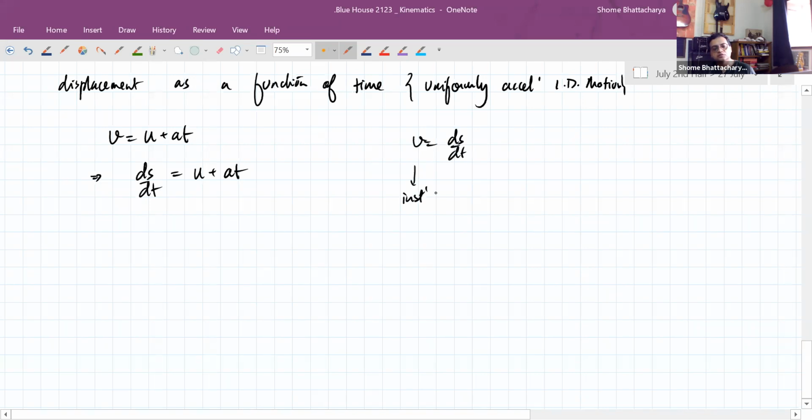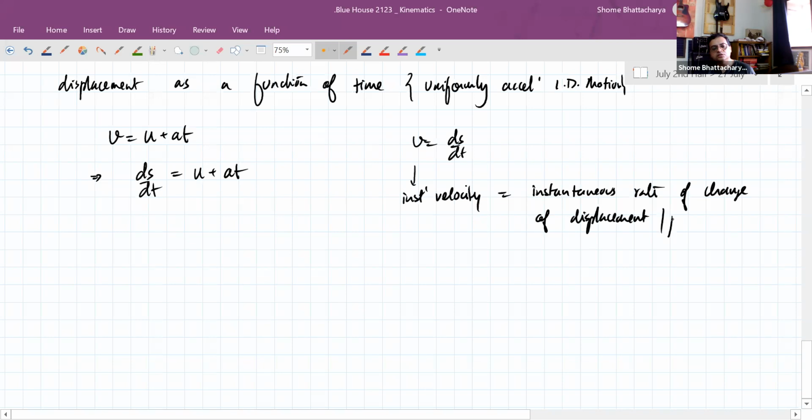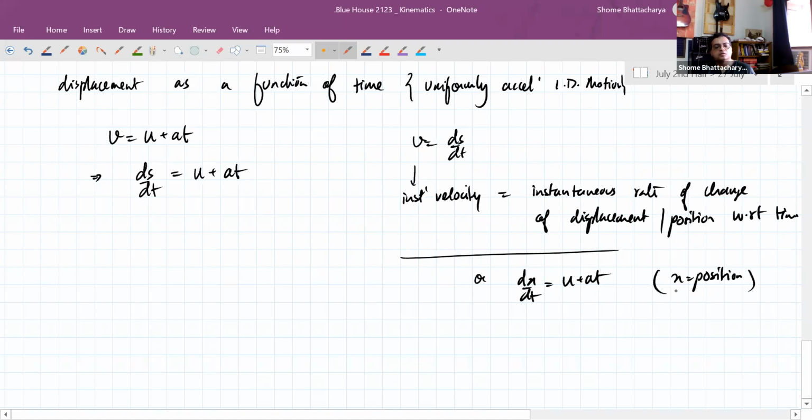Instantaneous velocity equals the instantaneous rate of change of displacement, or position, you can say either way, with respect to time. We can alternately also say that dx by dt is equal to u plus at, where x is position. So we come to both the approaches. Here s is displacement.